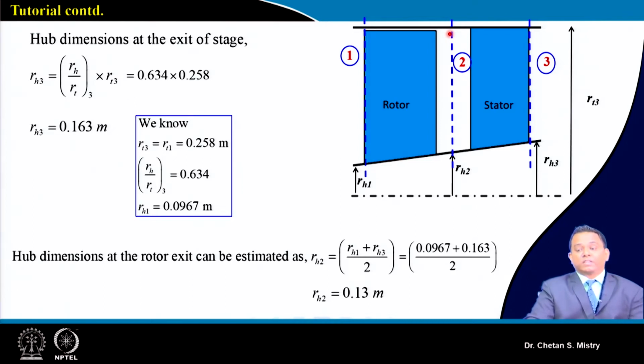Now here in this case there are different possibilities when you are doing your design. Initially you are doing your preliminary design, so this calculation will help you. Very soon the question will come, sir, what will be the axial gap between rotor and stator? Let me tell you, for a transonic kind of configuration, people safely assume the axial gap varying from 20% to 35% of the rotor chord.